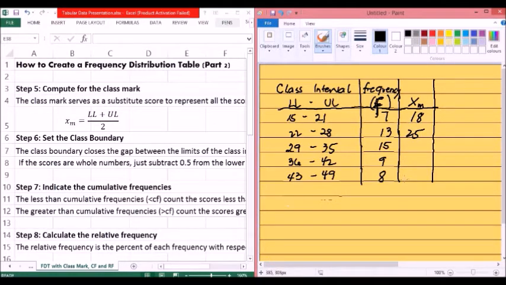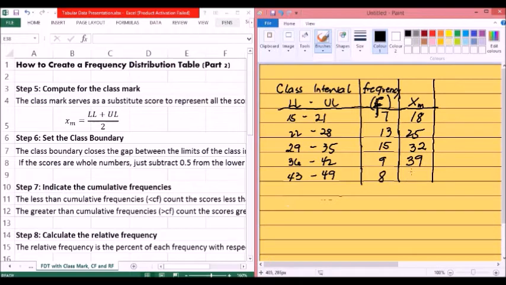Okay? So this is 18, this is 25. The next will be 32. The next will be 39. And for 43 to 49, it's 40, sorry, 46.